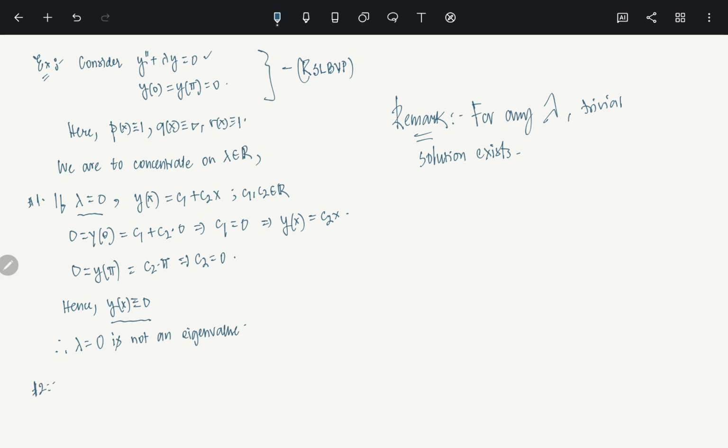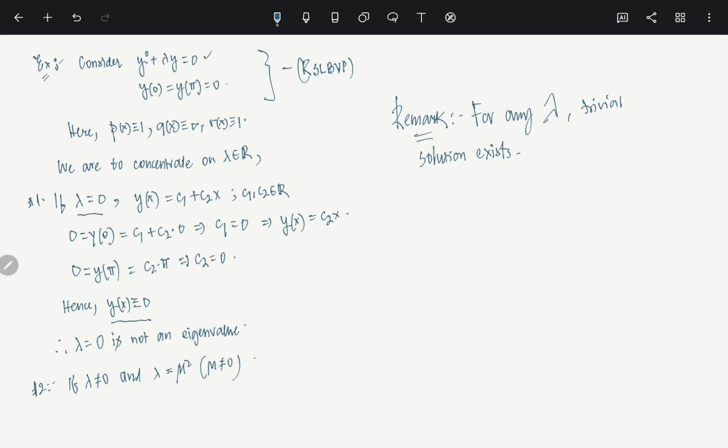Case 2: let's say lambda is non-zero, and it can be positive or negative. So let lambda be mu square, with mu not 0. So it's non-zero basically.